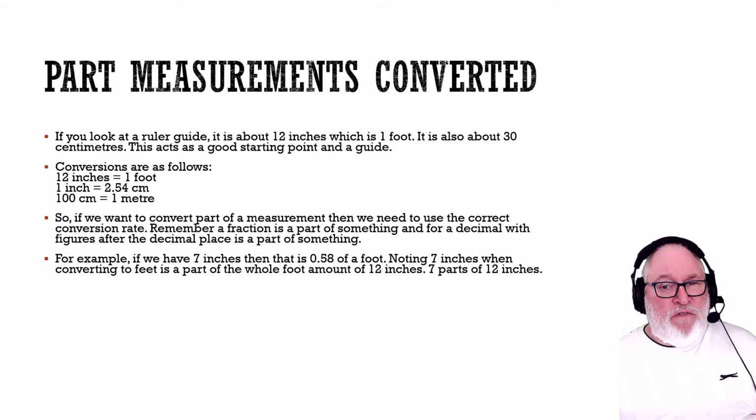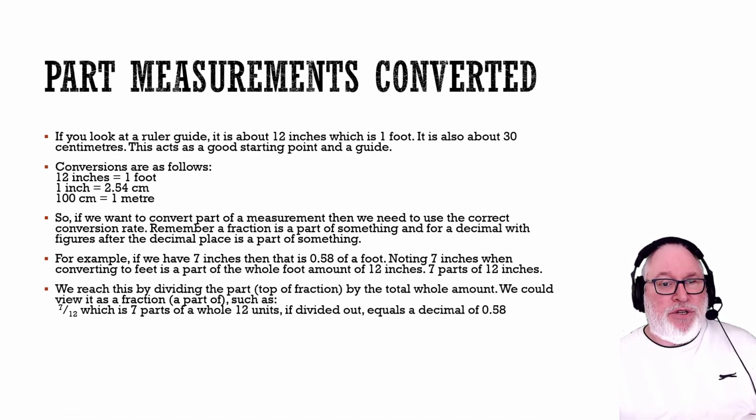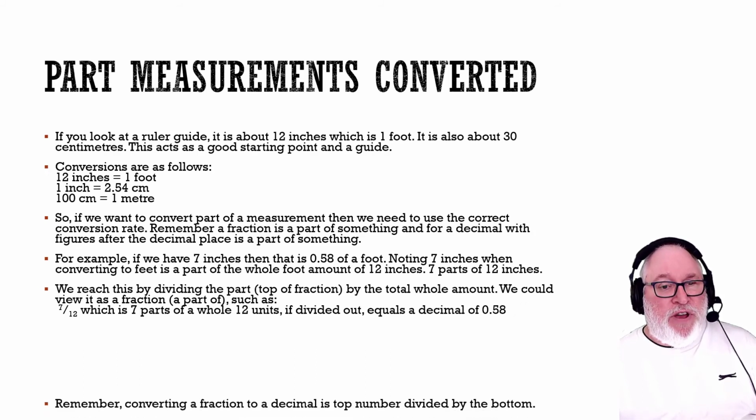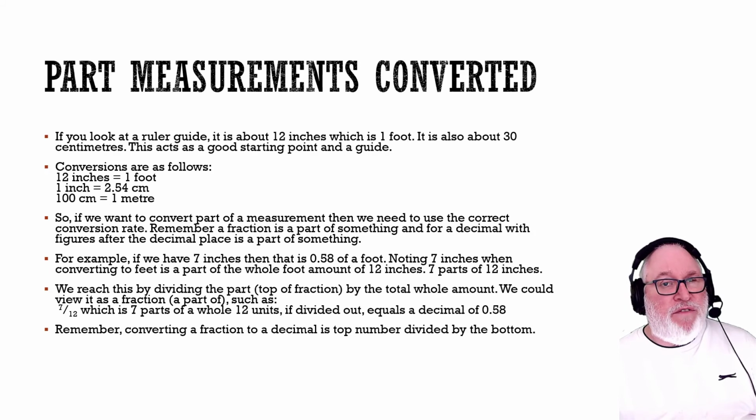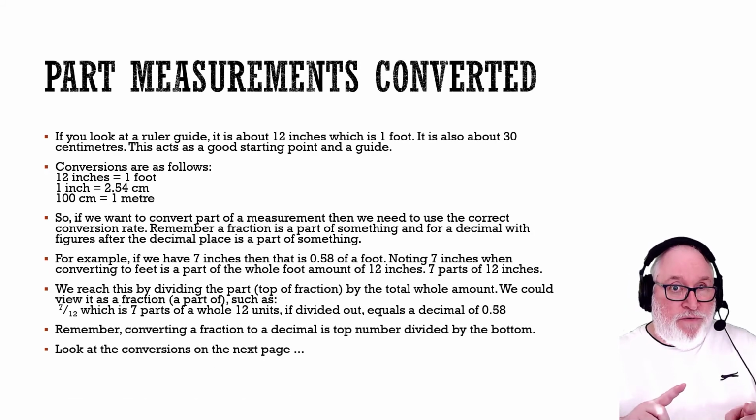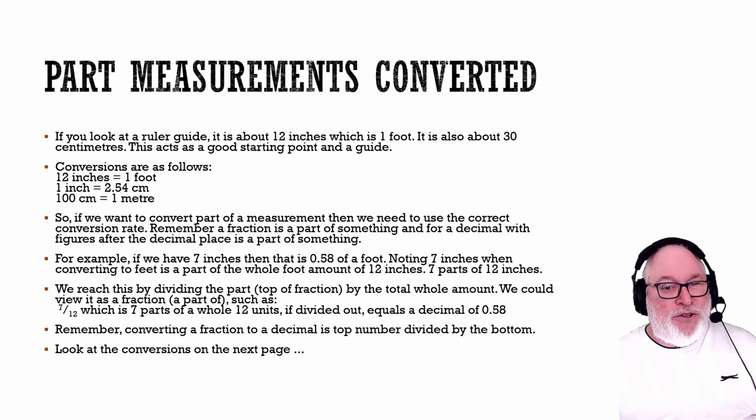But we know that 1 foot is 12 inches. So therefore, we know there is a part of that, 7 parts of 12 inches. So again, 7 twelfths. 7 divided by 12 gives us 0.58. There's a tutorial for that as well, by the way, for fractions, decimals, percentages and so on.